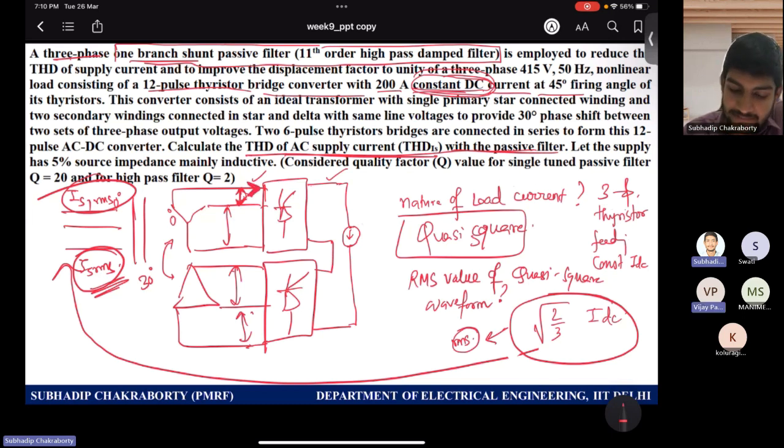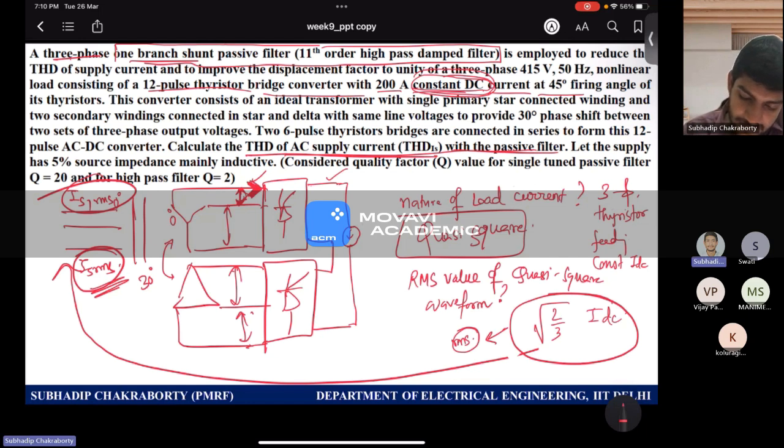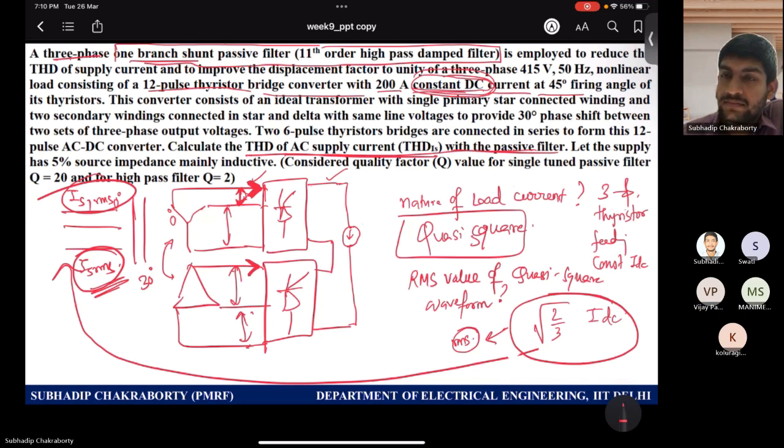Please see carefully. This you have with you, right? Similarly, this also you have with you.